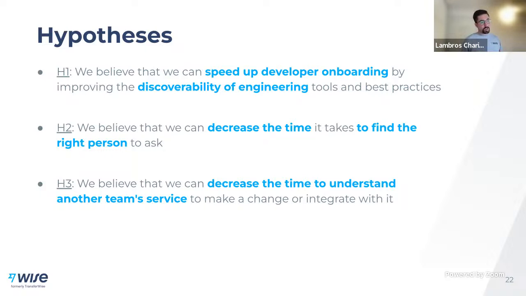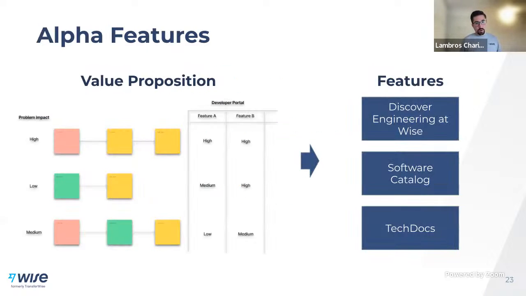Now we use this to scope the alpha based on those hypotheses. Same thing as before, really. You can use the same method to pick what you want to add to Dev Portal, what you want to add as features. You can, again, look at those user journeys and their impact.